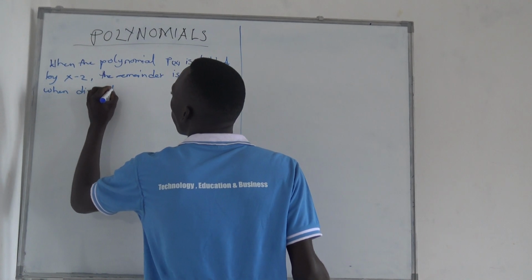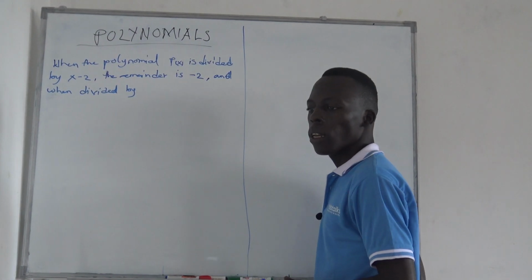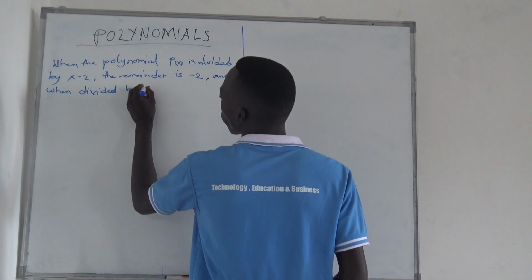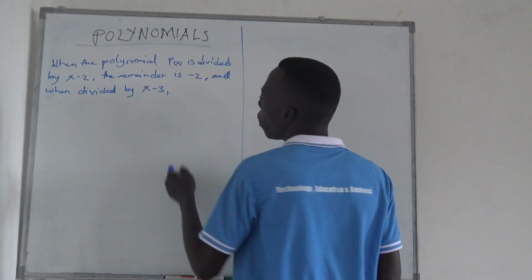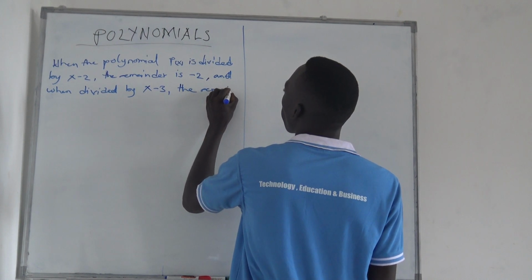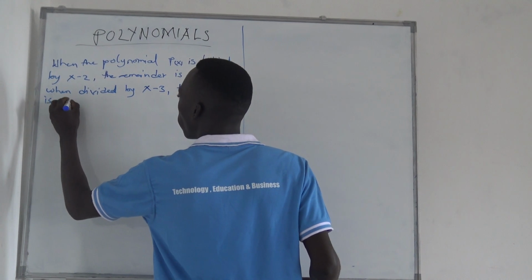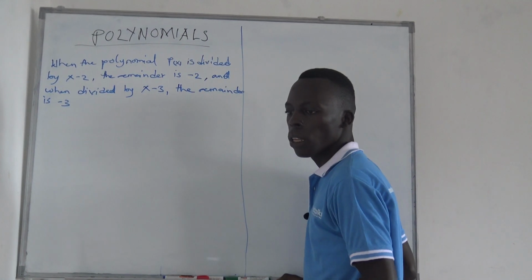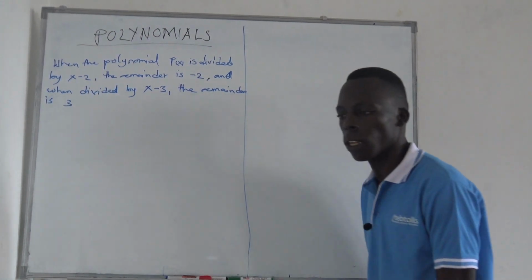And when divided by x minus 3, the remainder is 3, not negative, it is 3.